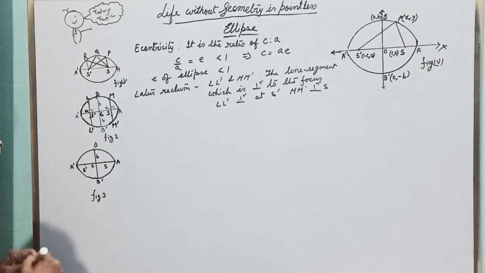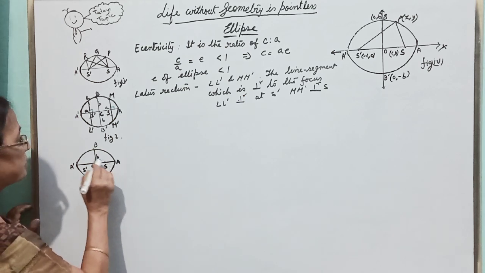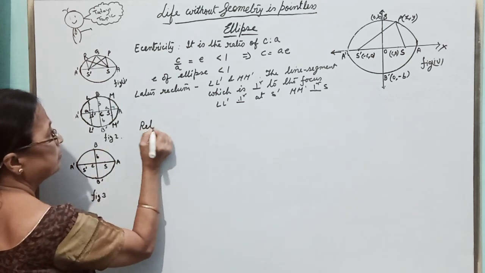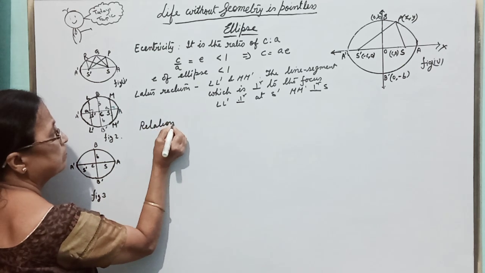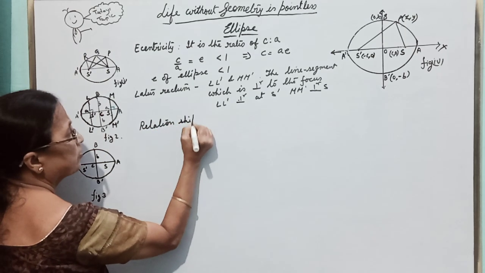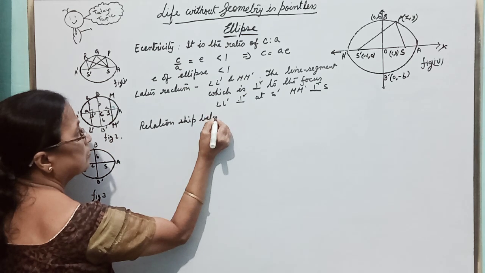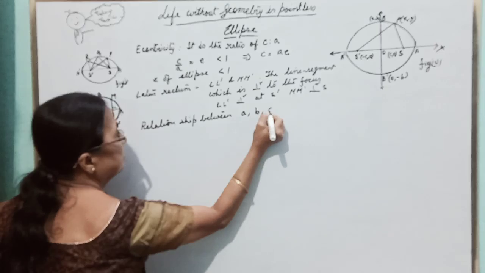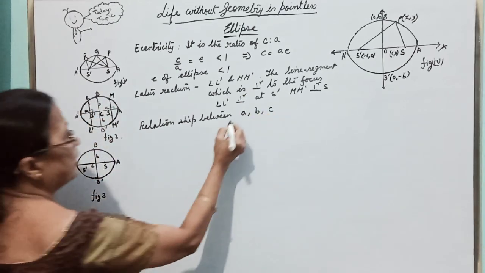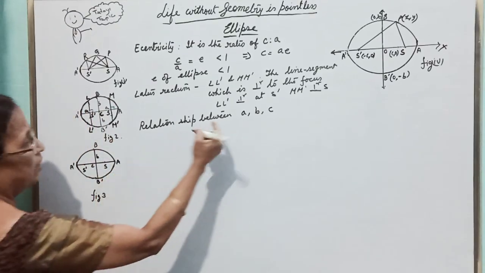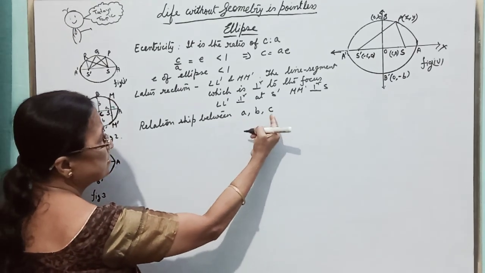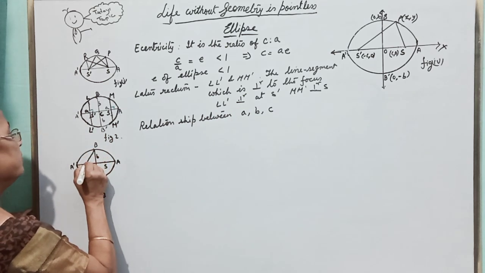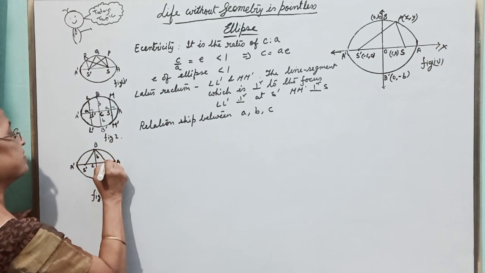Now we will find the relationship between the major axis, minor axis and C. Relationship between A, B, C, that is, my semi-major axis, semi-minor axis and focus. What we can do here, we can join BS dash and BS.